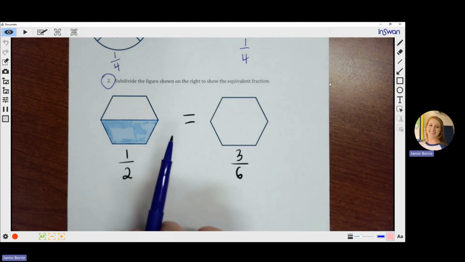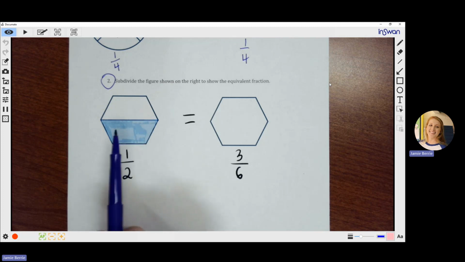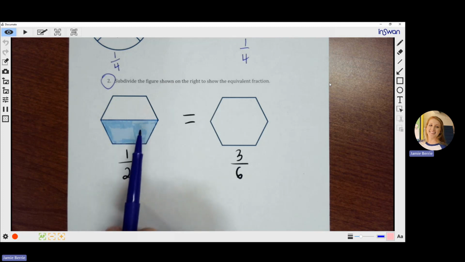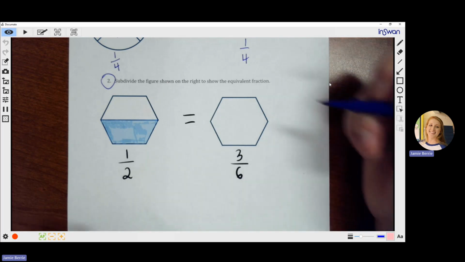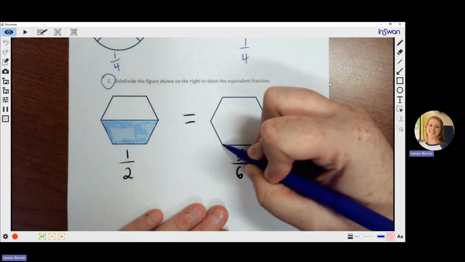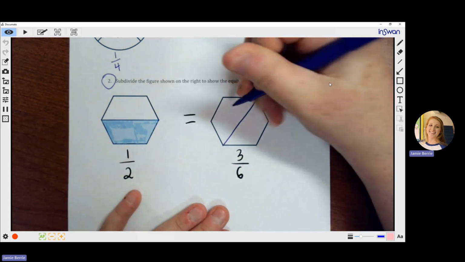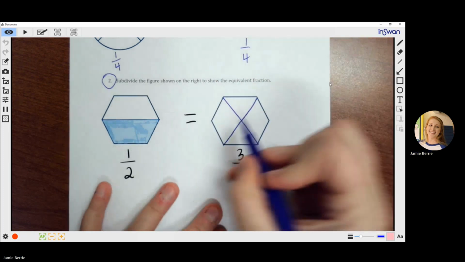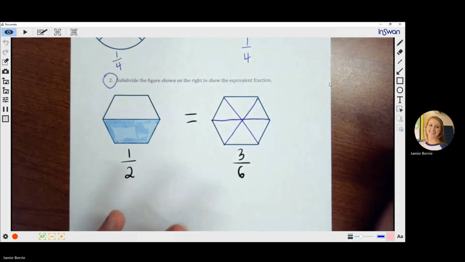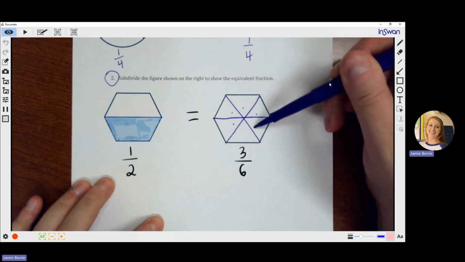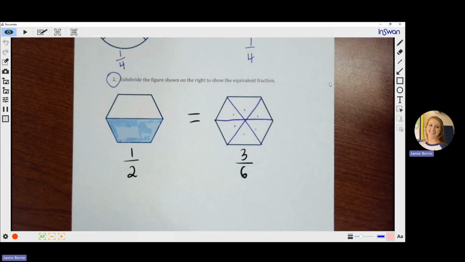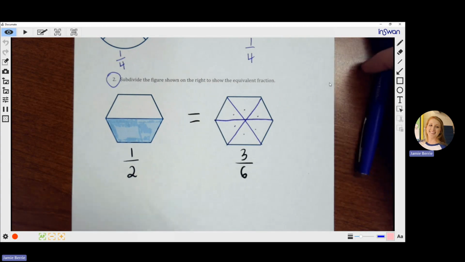On the left-hand side, it's been split into halves, and we've got 1 out of the 2 pieces shaded, so that's 1/2. Now this is asking me to split it into 6 pieces. I'm going to do that just by connecting the corners. Let's make sure that's 6. 1, 2, 3, 4, 5, 6. Yep.